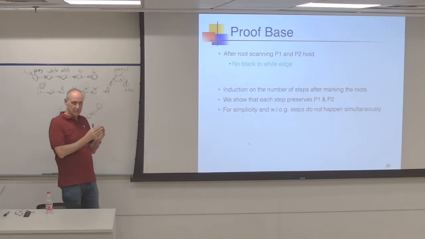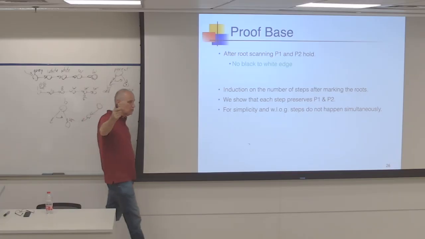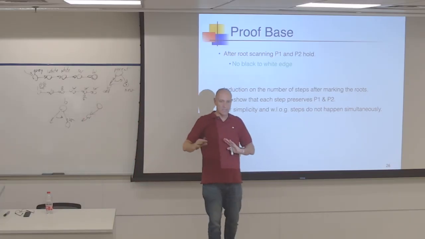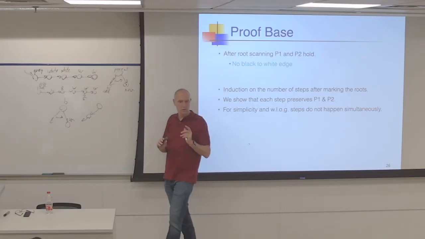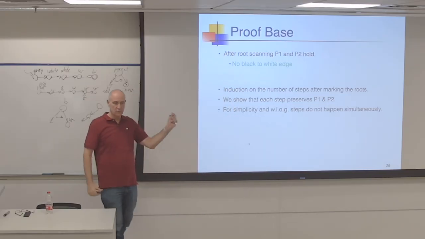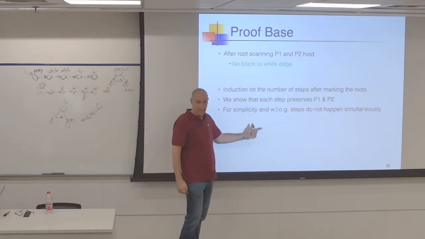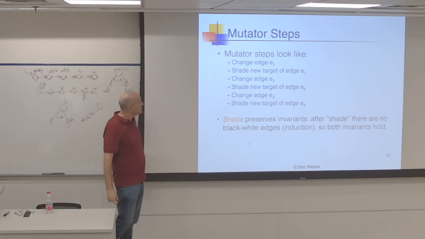And now I'm thinking of the entire execution as this core executes a step, this core executes a step, and then I'm only doing the induction on a single step of either the mutator or the collector. So, okay. So this is what is said here.